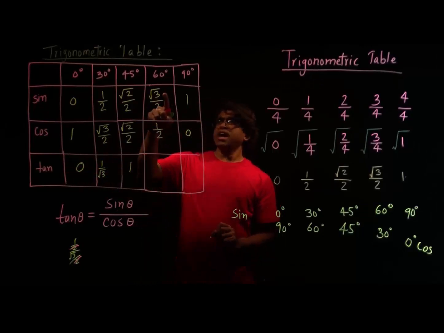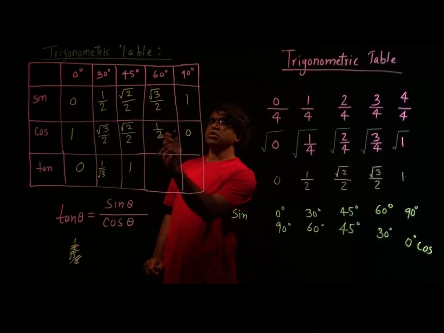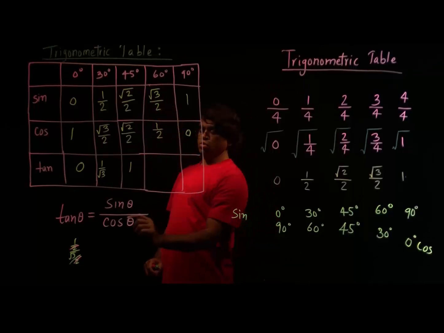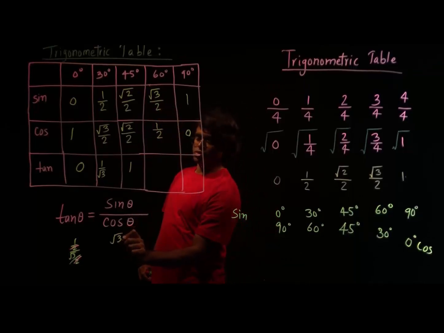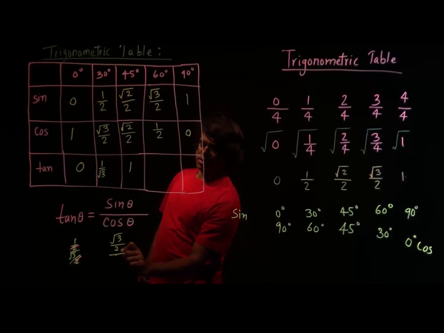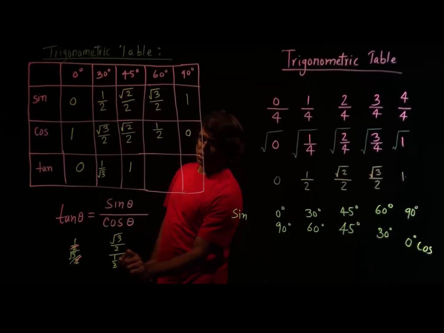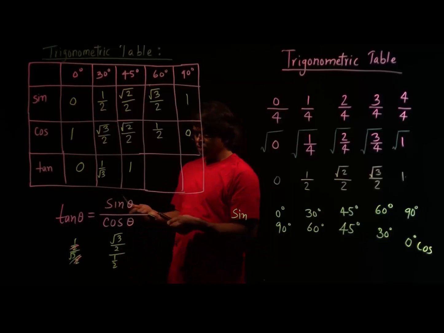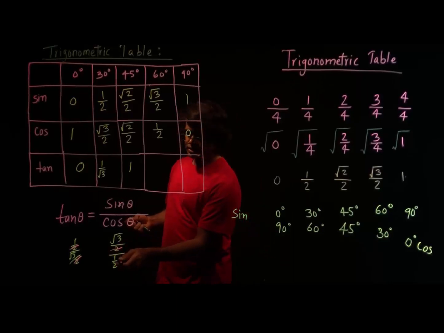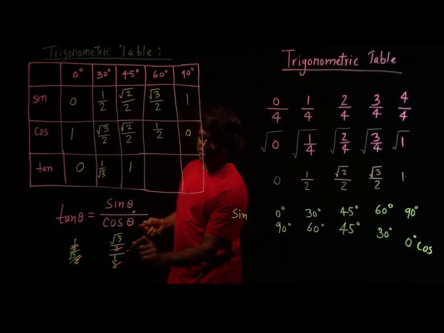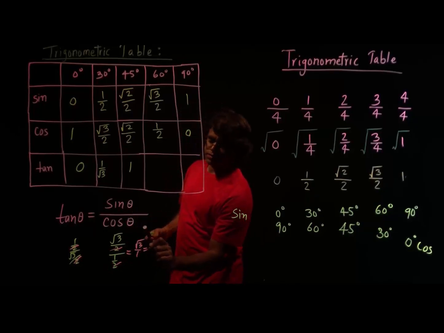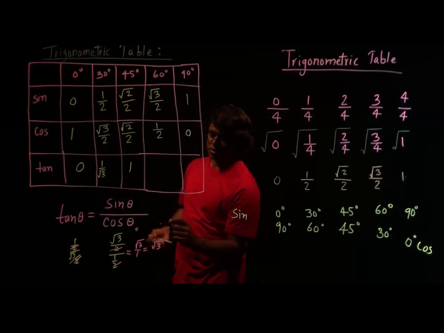Tangent 60 is sine 60 over cosine 60. So sine 60 is root 3 over 2 divided by 1 over 2. You can see I can easily cancel this 2 out. And what I have left is root 3 over 1, which is basically root 3.